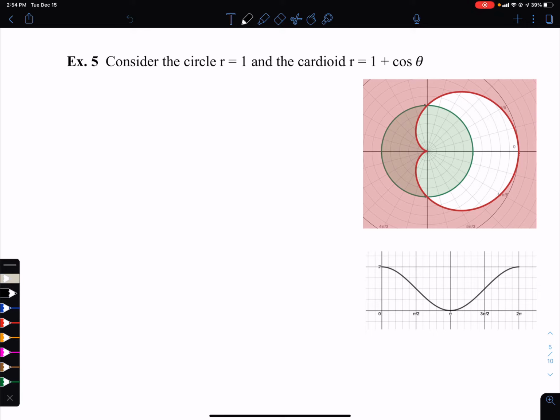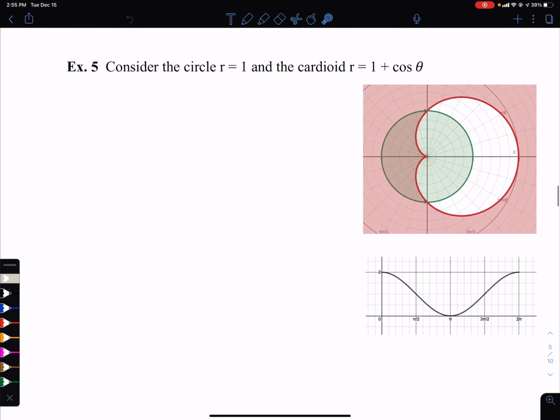For this next example, we have a circle with a radius 1 right here. And we have a cardioid. If you're to graph this, it's a cardioid because it's kind of like a sideways heart. So they call it a cardioid. And I didn't write down all the info.